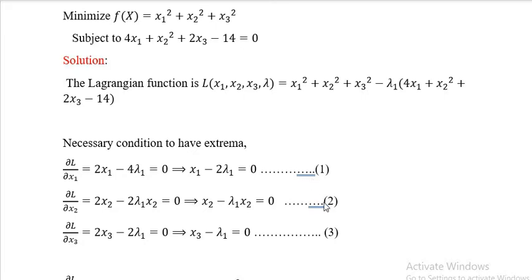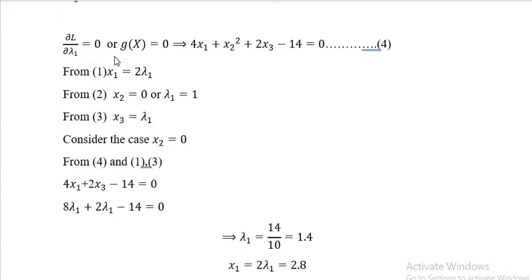So we will get equations 1, 2 and 3. Then find dou L by dou lambda 1 and equate to 0, or g of x equal to 0. That gives 4x1 plus x2 square plus 2x3 minus 14 equal to 0, and name it as equation number 4.